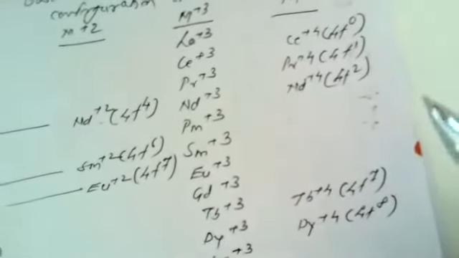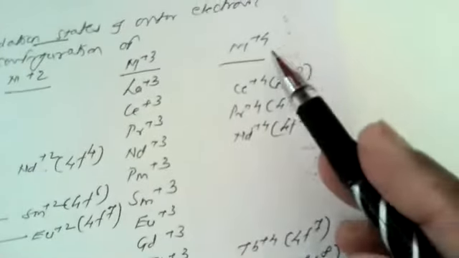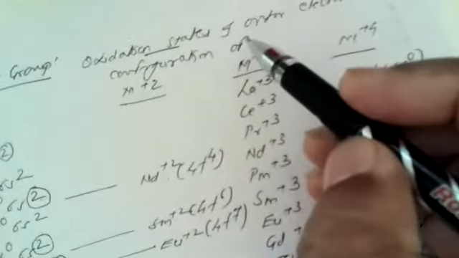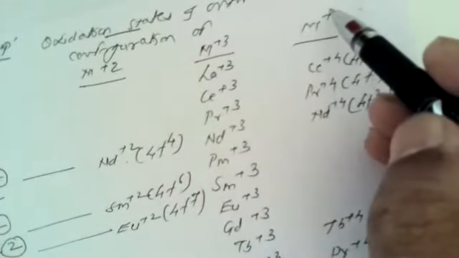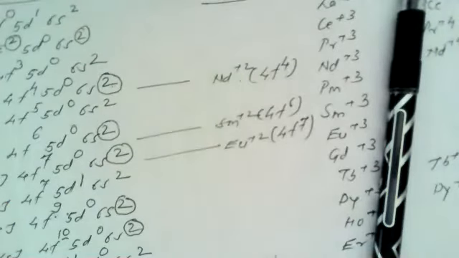Now, after the completion of the lower oxidation states and the higher oxidation states of lanthanides, we can move further with the common or major oxidation state of lanthanides, which is +3. So, how can we write +3? Just try for lanthanum +3.